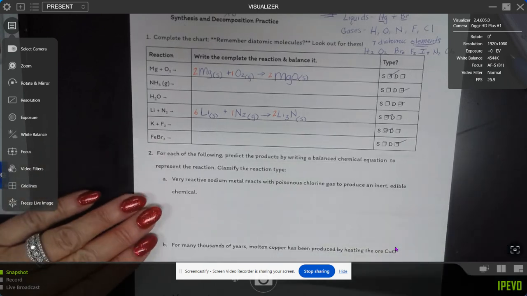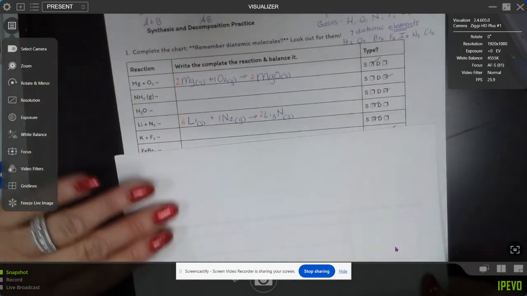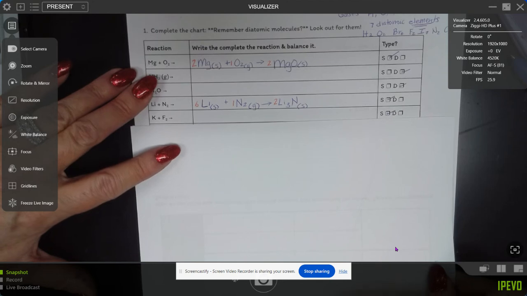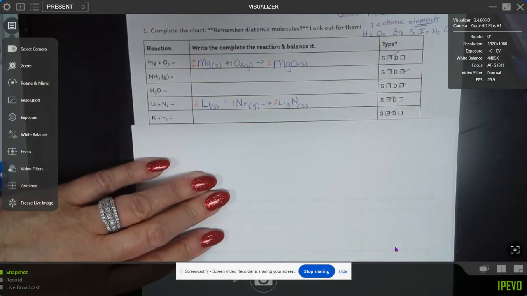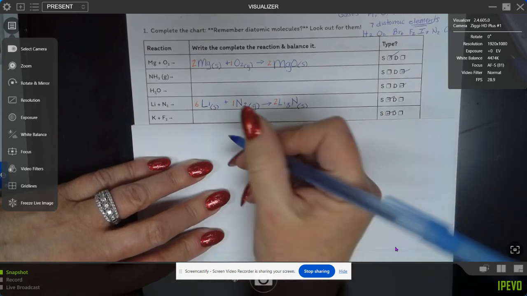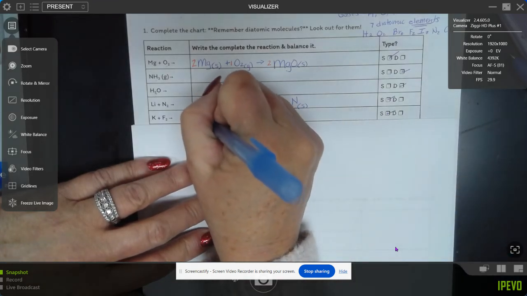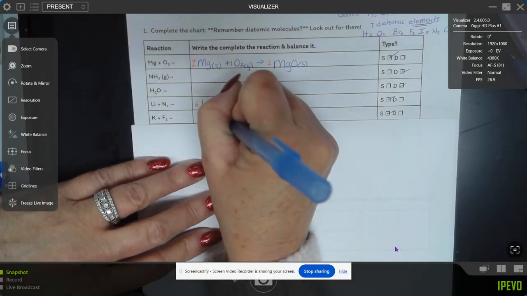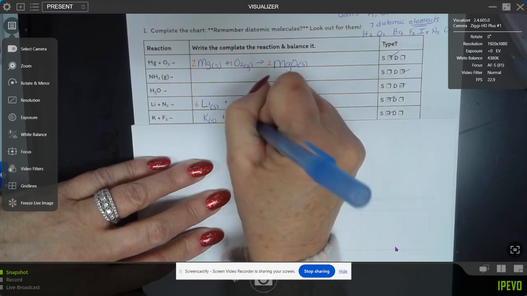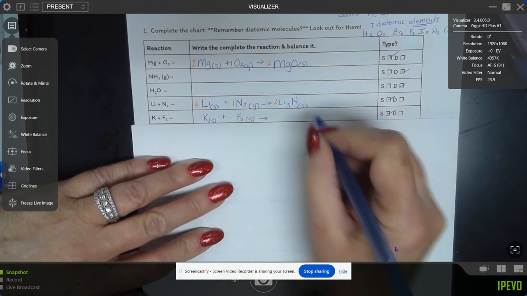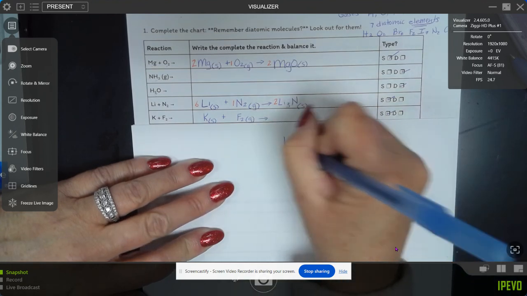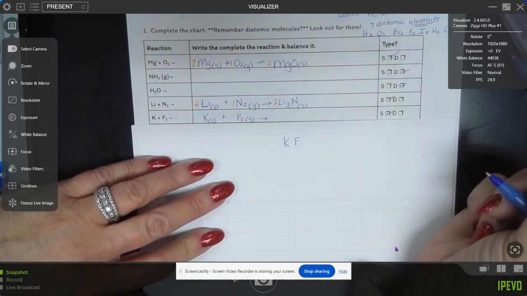And then we're going to do this last synthesis reaction. We have potassium plus fluorine. So potassium, K, is a solid, plus F2 is a gas. When those react, they're going to form a compound made of potassium and fluorine.